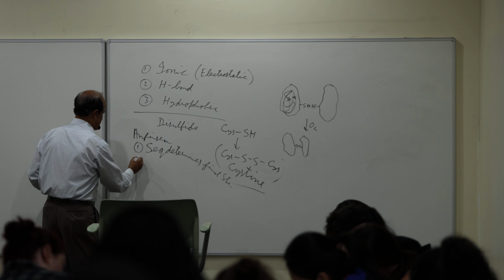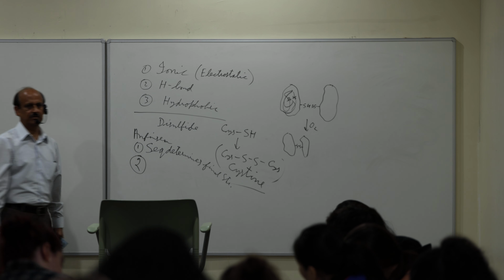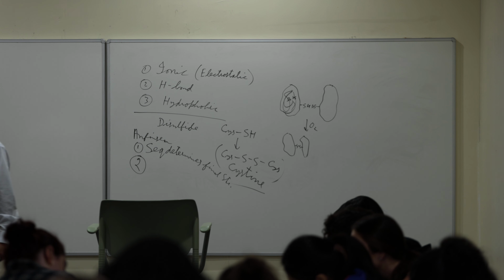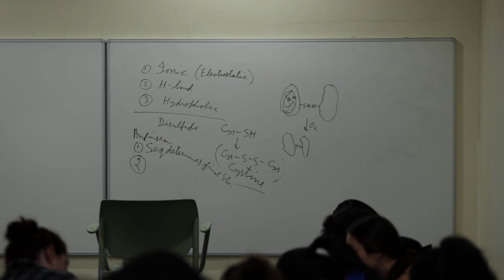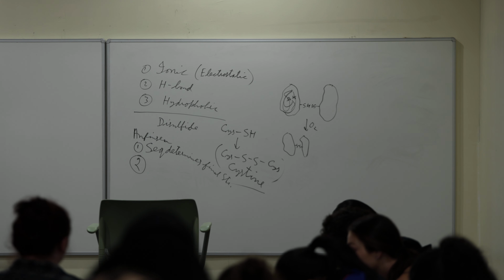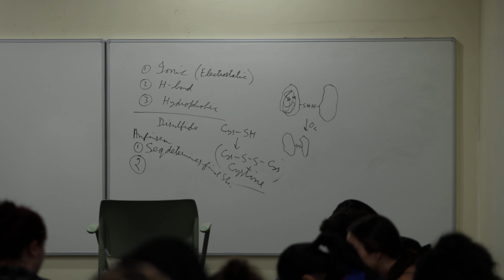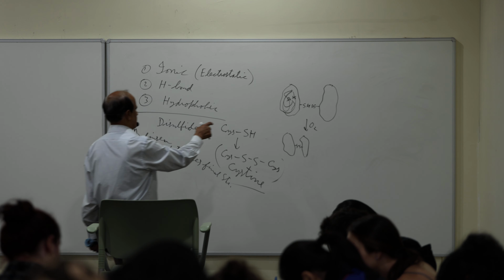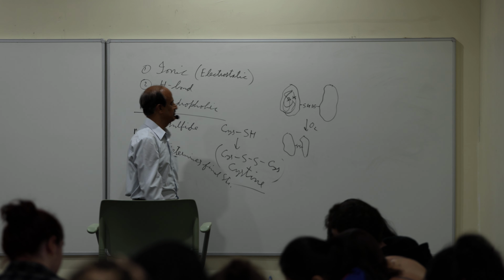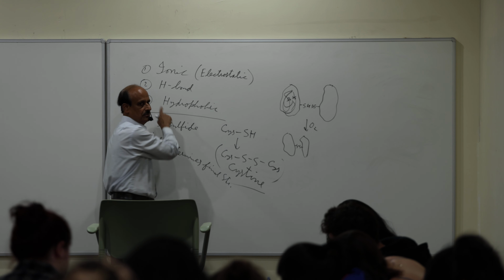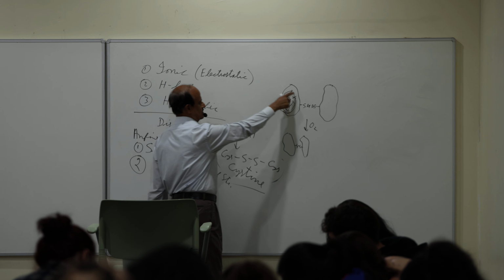And the second conclusion that he got from his experiments is that the disulfide bonds are not the driving force for the protein to fold. They are also not the driving force for two subunits to come together. These two subunits are coming together not because they can form a disulfide bond, but because of other reasons.